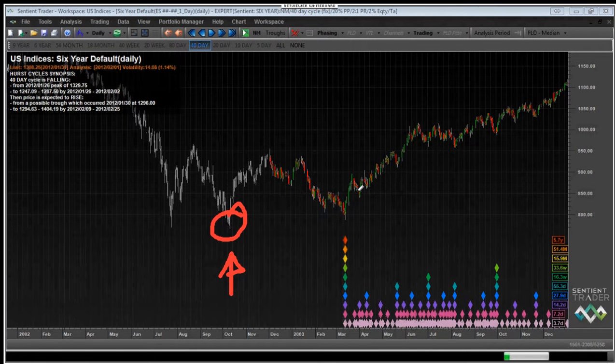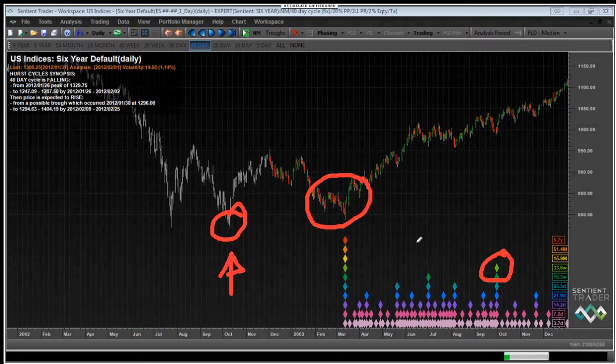Then the October 2002 trough was a major trough in the American markets. As you know, some people do believe that this October 2002 trough was in fact a trough of a very major cycle, but the prevailing theory, I believe it would be correct to say, is that in fact the March 2003 trough was the really dominant trough.